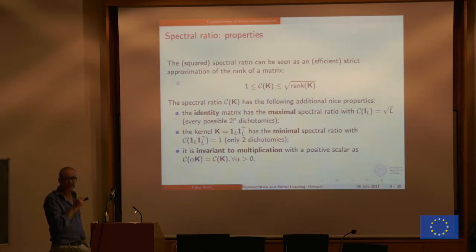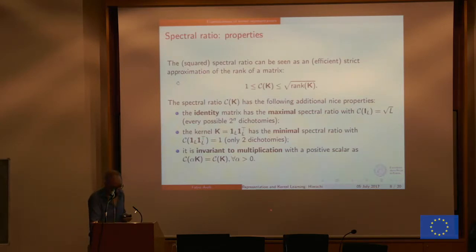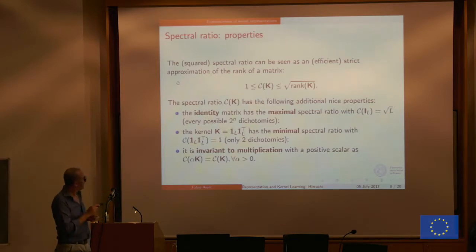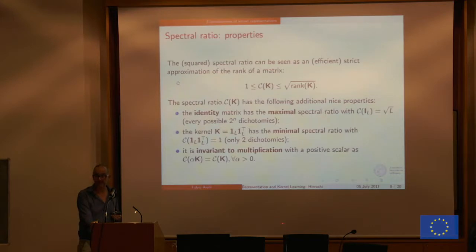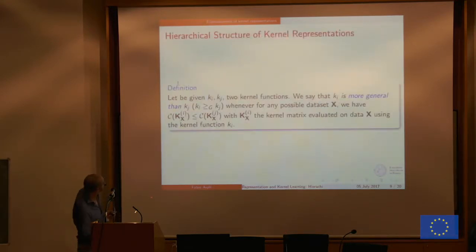The value doesn't change. So this is a good property, because, for example, in SVM, if you take a kernel matrix K, or if you use a weighted version of the kernel, the results are basically the same. It doesn't change the solution of the SVM.